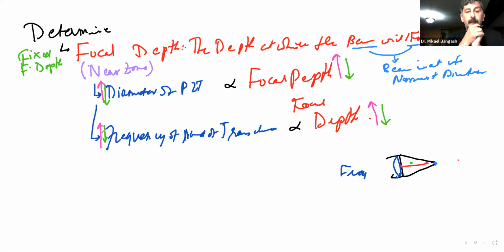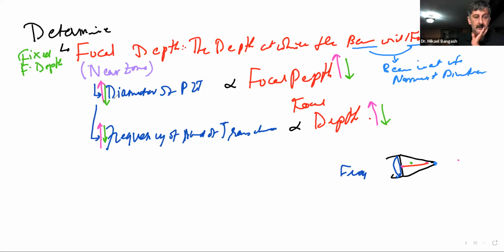Did you girls get that? So here we can say that the focal depth, the depth at which the beam will focus. What does it mean for the beam to focus? That means the beam reaches its narrowest diameter. But that is determined by two factors.